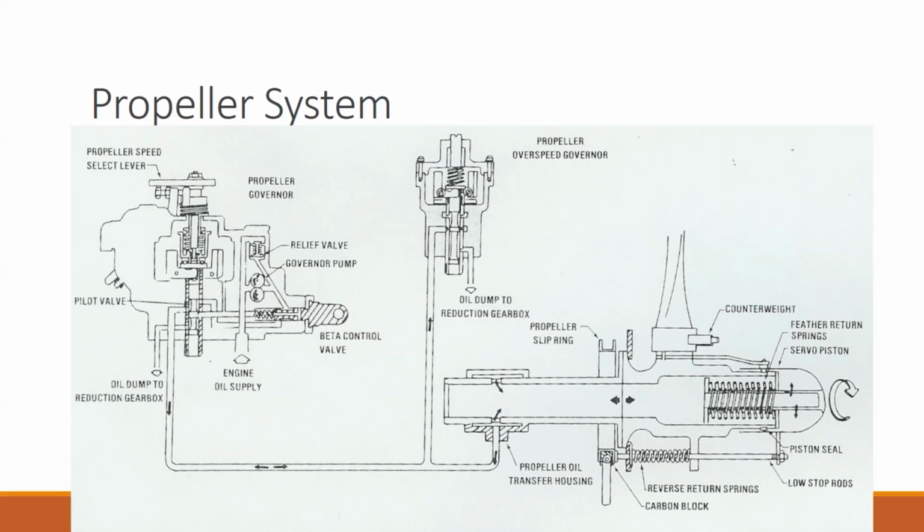So operation is very similar, just with a few more safeties and a few more items that help to control the engine. And then don't forget that these engines often have a second governor for the power turbine, a power turbine governor. That isn't shown here. It doesn't deal with the prop oil system directly.